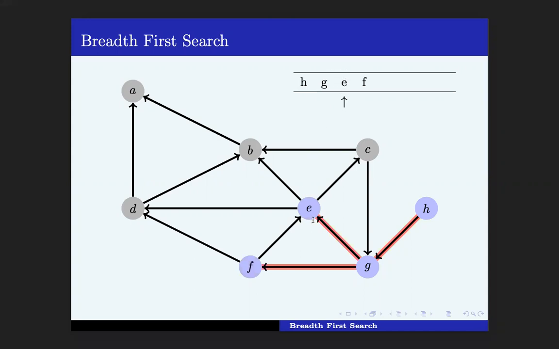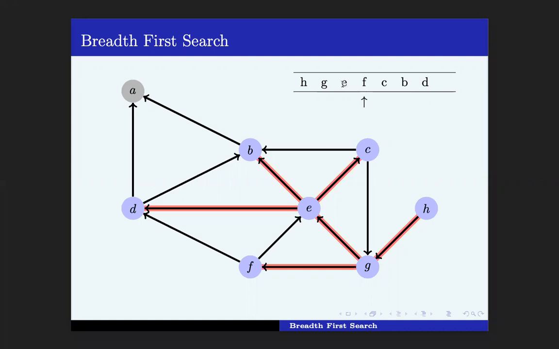Then E has three more things: C, B, and D. I visit all of them one by one. When I have added D, I'm done with E and I move to F, which is exactly where I'm supposed to move, because I'm done with E. So all the vertices in the same level are coming together in the correct order.